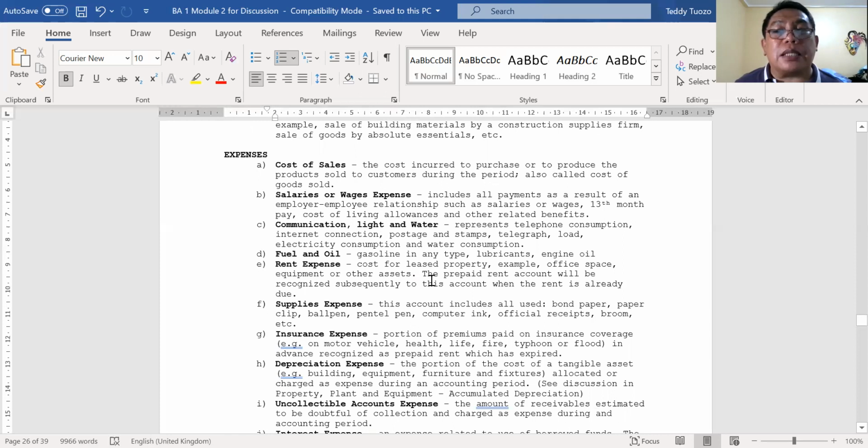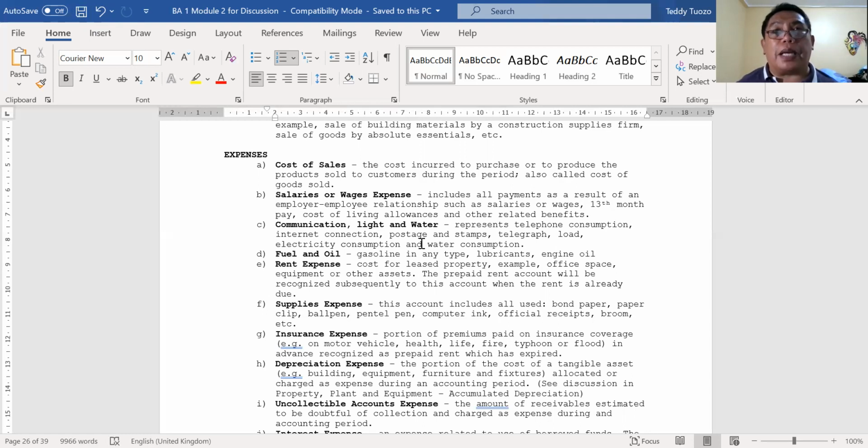Salaries or wages expense, which is inclusive of 13th month, any cost of living allowances and any other related benefits for an employee. Communication, light, and water. Actually, in real life, you can use communication expense as a separate account. You can use also light expense for your electric consumption as a separate account, and also water expense as a separate account.